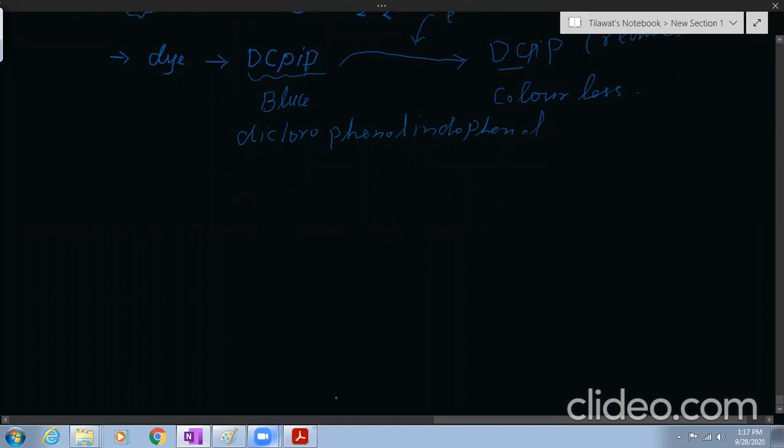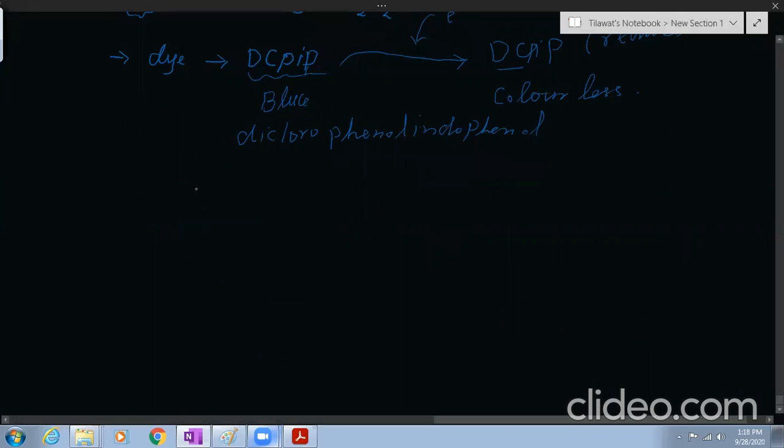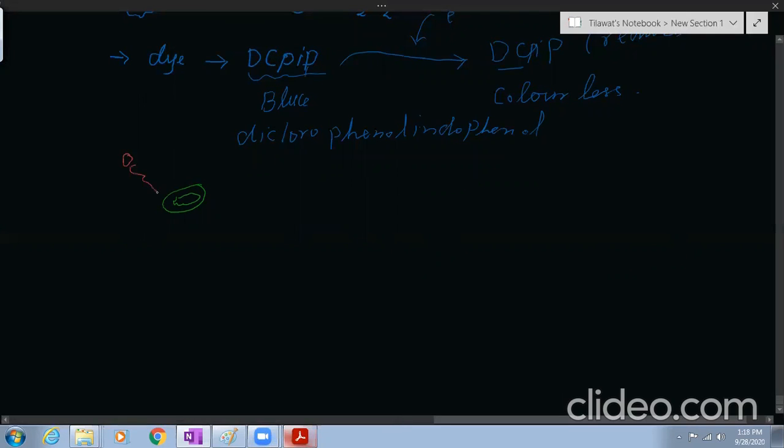If I isolate chlorophyll and illuminate it with light, in the presence of DCPIP plus water, what will happen?